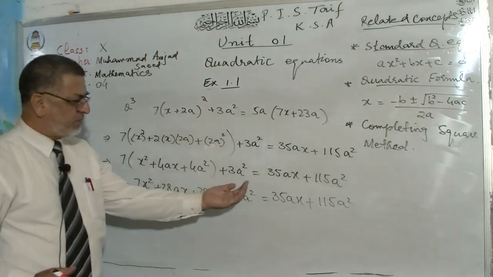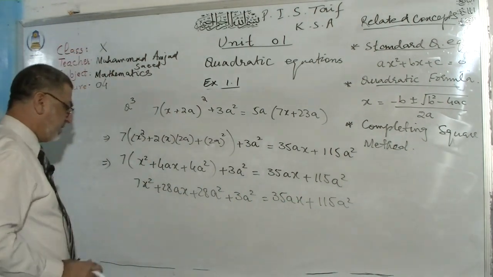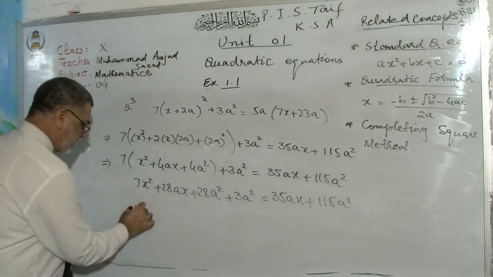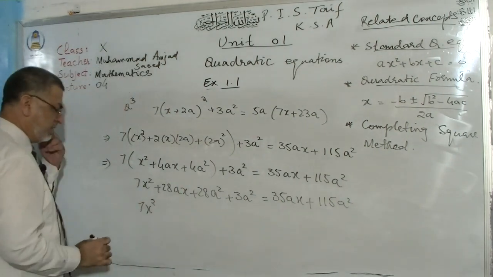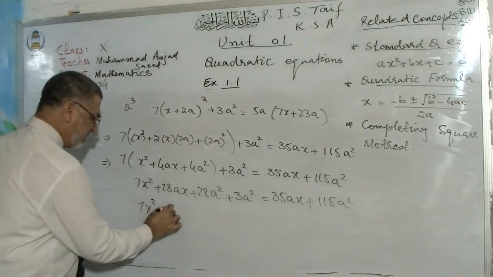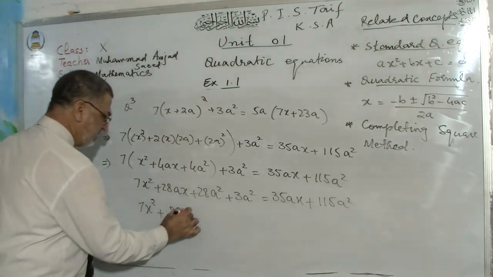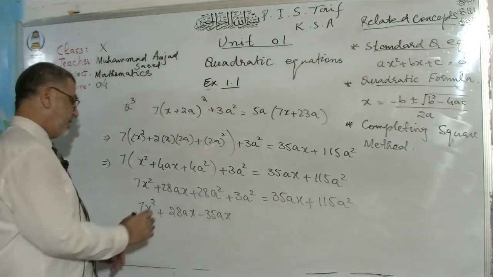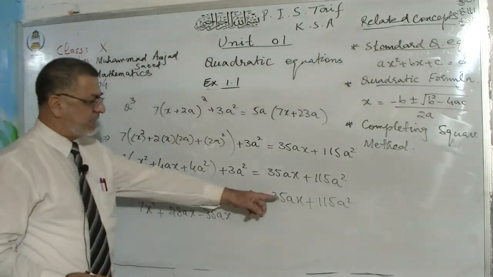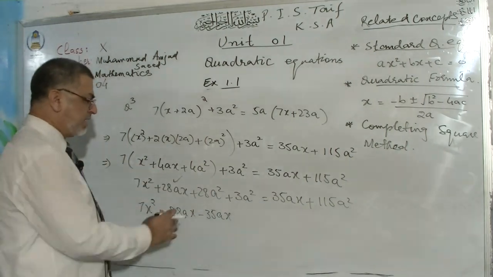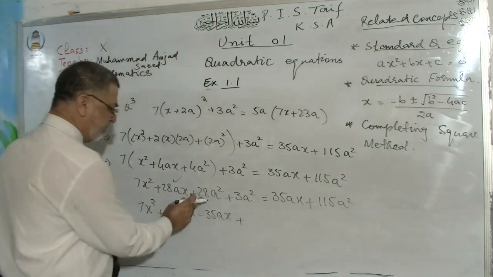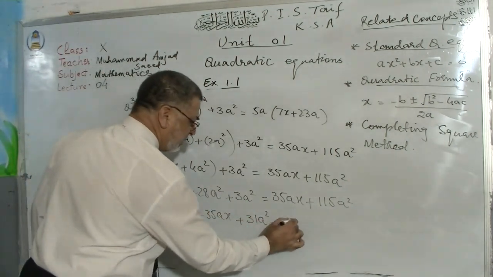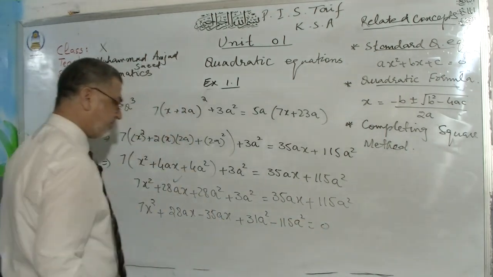Now we will shift all the terms to the left hand side and write them in the proper order. First the maximum power 7x square, then 28ax minus 35ax. This is 28ax, and bring this 35ax to the left hand side, the sign will change. And here it will be 31a square minus 115a square.